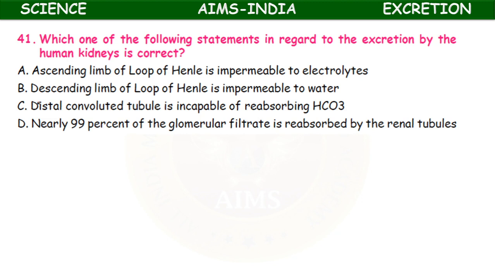Ascending limb of loop of Henle is impermeable to electrolytes. Descending limb of loop of Henle is impermeable to water. Distal convoluted tubule is incapable of reabsorbing bicarbonate HCO3. Nearly 99% of glomerular filtrate is reabsorbed by the renal tubules.